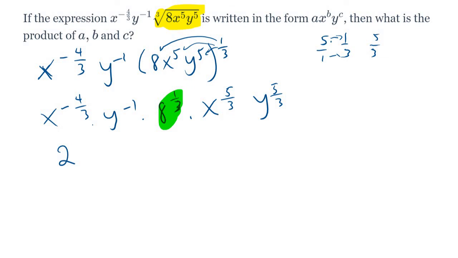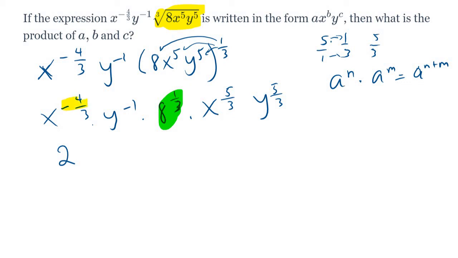And now because we are multiplying this time, we're going to apply the product rule. The product rule says to do this. If you have a to the power of n times a to the power of m, you do a to the power of n plus m. You're adding them together. So what we are going to do is add this exponent that I'm going to highlight.